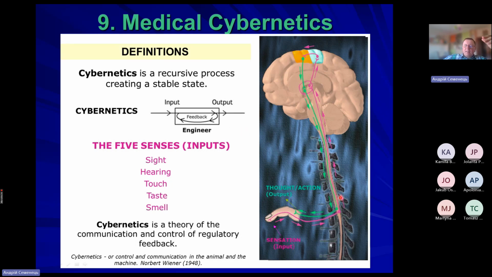In this case, no matter whether we study how our brain and muscles are involved in a sensory action, like touching something cold or hot and then taking our fingers back, or whether we are talking about some mechanical system and how it reacts to our input.